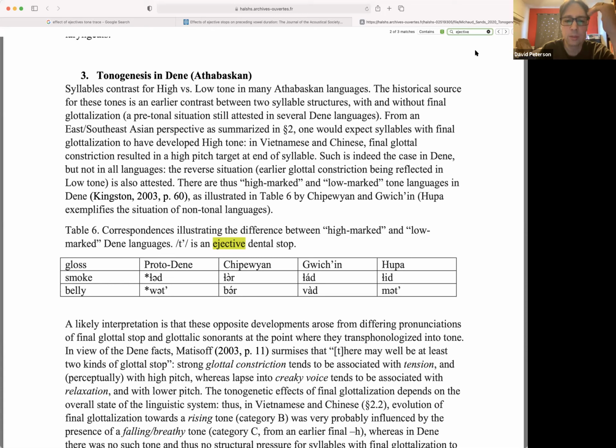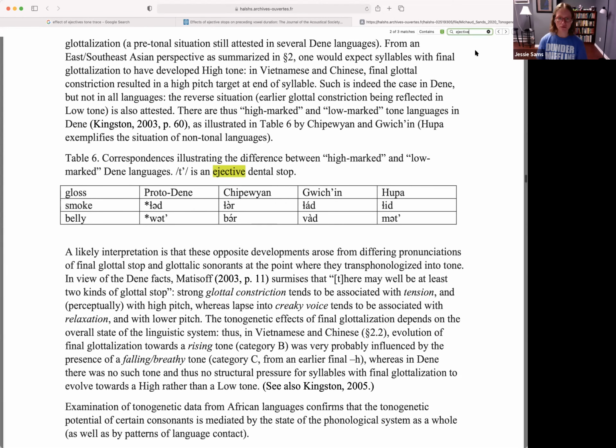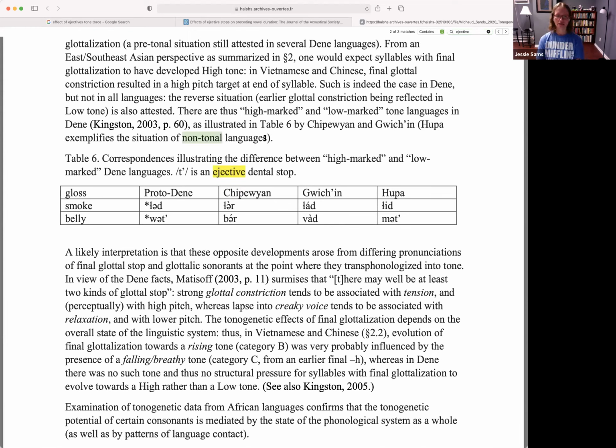Oh, but they're opposite. That's so weird. They're opposite high and low, and then they both have mid, and maybe mid or just no tone in Hupa. Hupa might just be a language that doesn't have tone. And that may be it. Oh, it is right above it. Hupa exemplifies the situation of non-tonal languages.